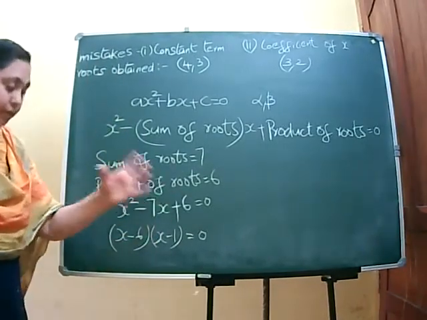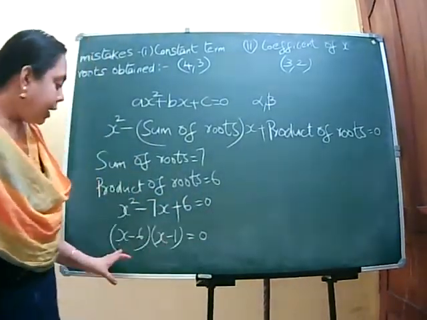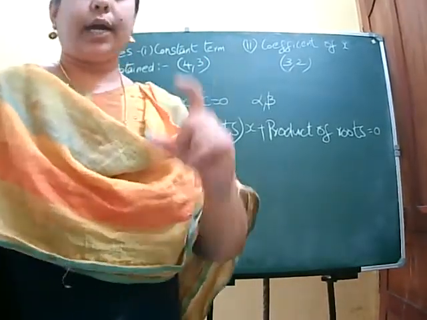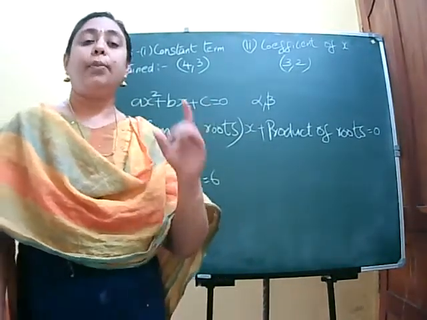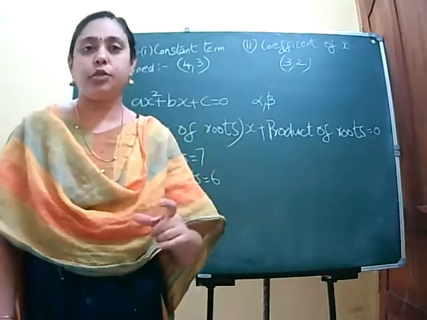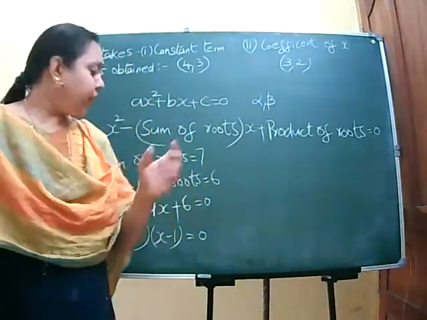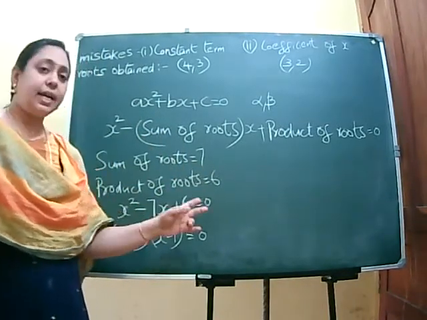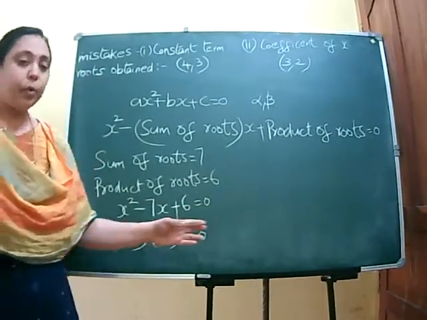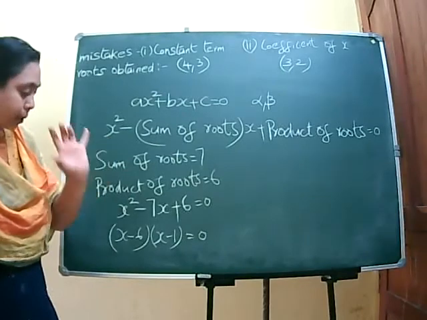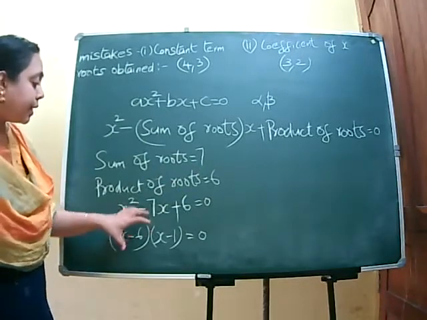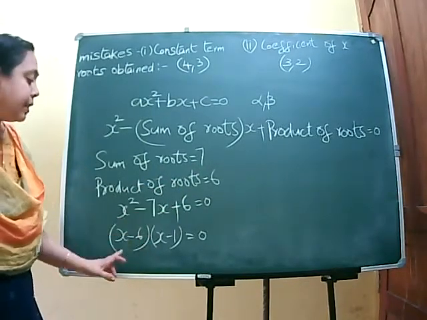Either you can choose the quadratic formula, minus b plus or minus square root of b square minus 4ac divided by 2a, but here we have no need of it since this is a simple quadratic equation.